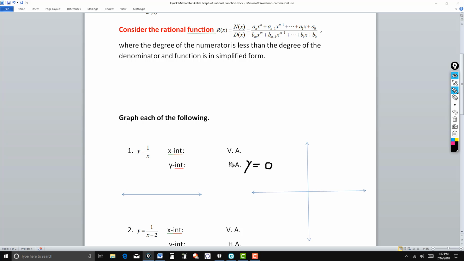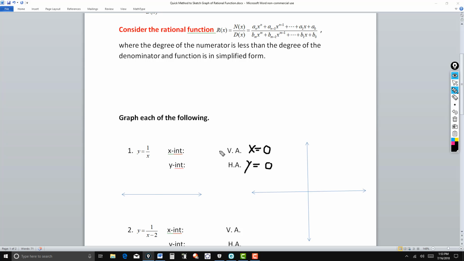Now, any number that makes the denominator 0 is where the function is undefined, so that's where we expect to have vertical asymptotes. Replacing the x by 0, again I get 1 over 0, so x equals 0 is a vertical asymptote.